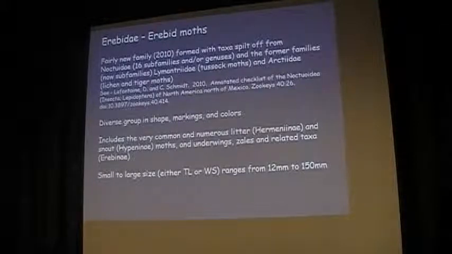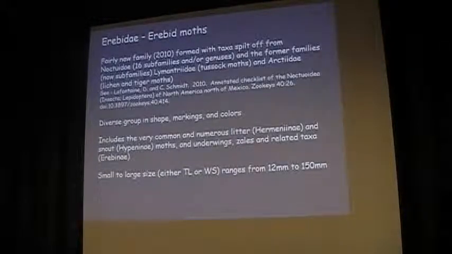It is what it is. You go with it. So the old Peterson guide has the old families and genuses. You won't see this term in it, but in the new one, it's in here, and as far as I know, that's how it's going to stay. So it's just something that you get used to. Very diverse group of shapes, markings, and colors.